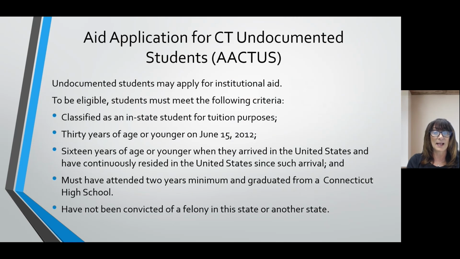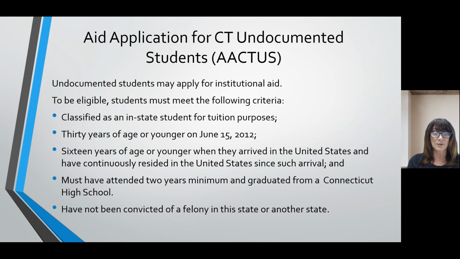We also have the Aid Application for Connecticut Undocumented Students, which is ACTUS. Undocumented students may apply for institutional aid. To be eligible, students must meet the following criteria. They must be classified as an in-state student for tuition purposes.